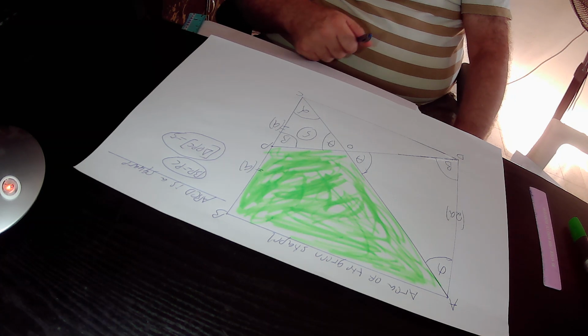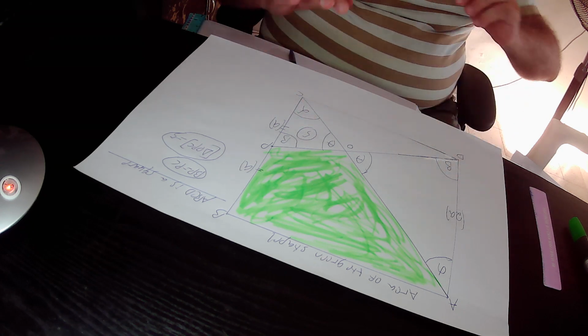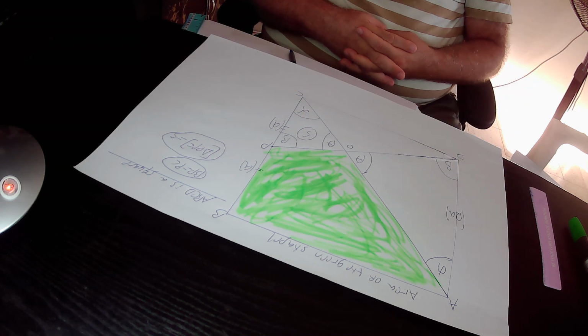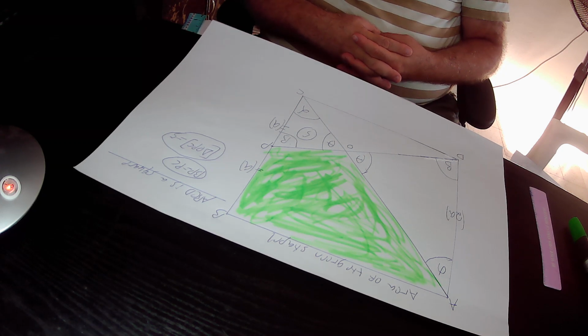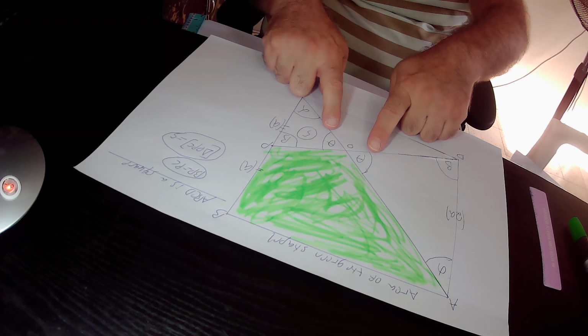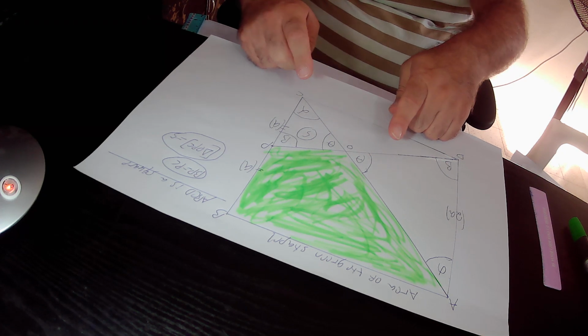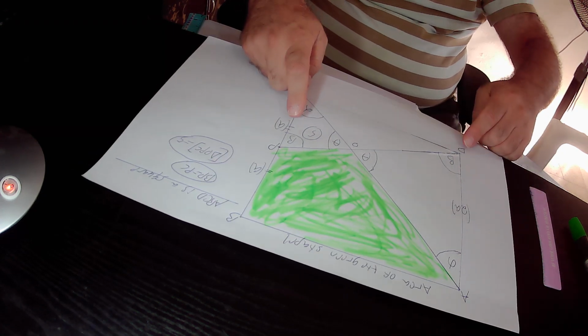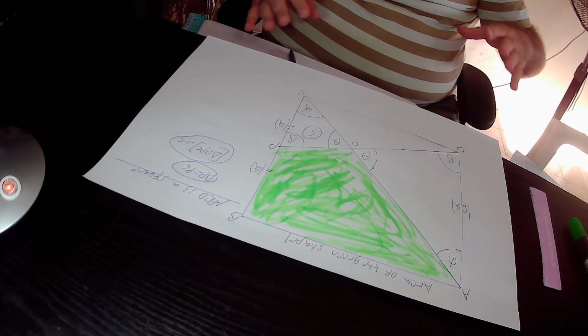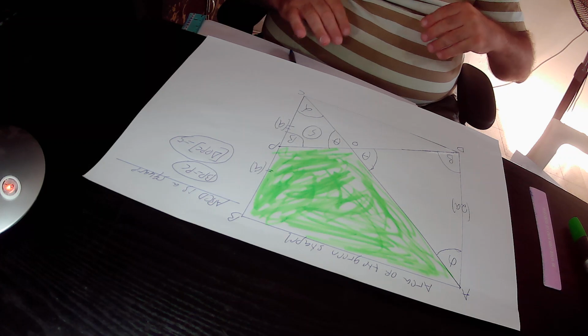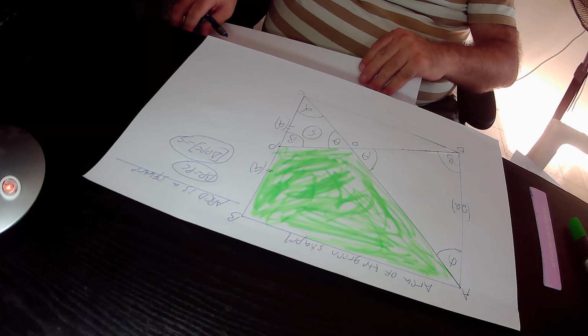So actually we found that those two triangles are similar to each other according to the angle similarity rule. That is to say, in both triangles we have angle theta, in both triangles we have angle alpha, and in both triangles we have angle beta. Therefore, those two triangles are similar to each other according to the angle similarity rule. So I write it down.